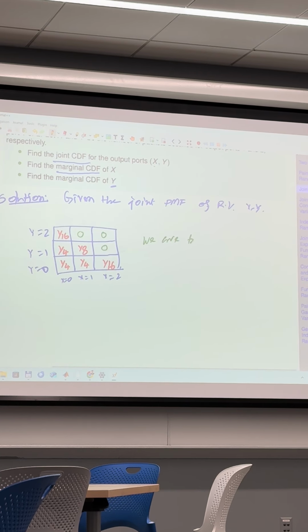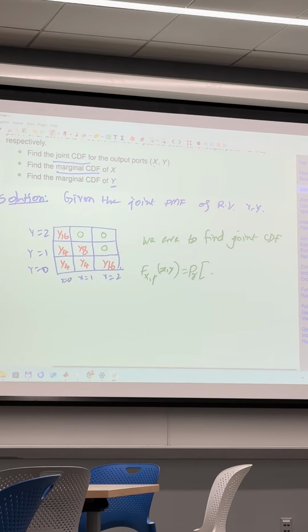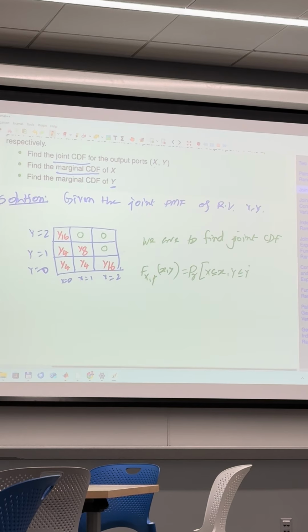Joint CDF of random variable x comma y taking value x, y, for the entire real plane, the two-dimensional plane, is by definition the probability that X less than or equals x, Y less than or equals y.